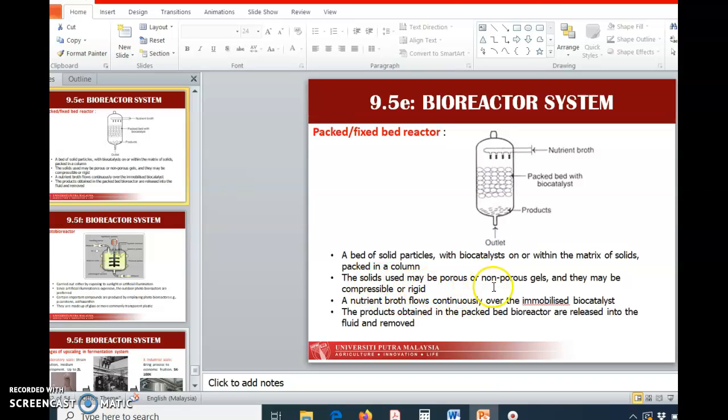The solid used may be porous or non-porous gels, and they may be compressible or rigid, depending on your experiment. The nutrient broth flows continuously over the immobilized catalyst, and the biocatalyst converts it into the product you want. The product obtained in packed bed bioreactors is released into the fluid and can be removed.